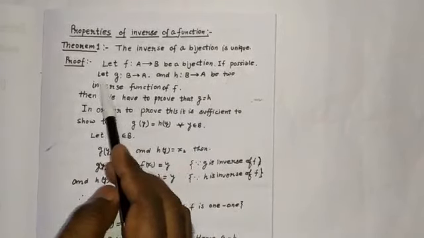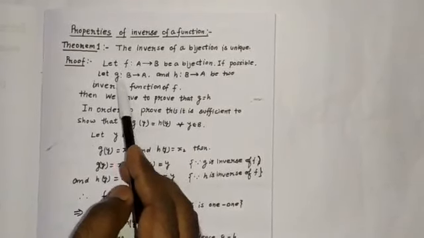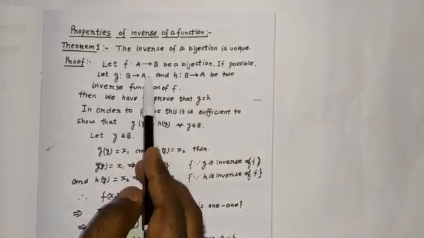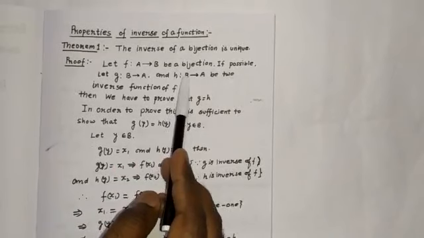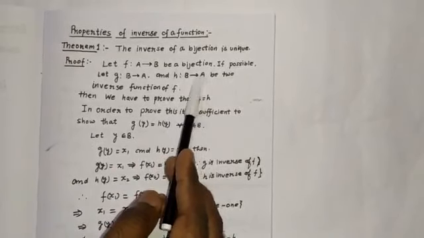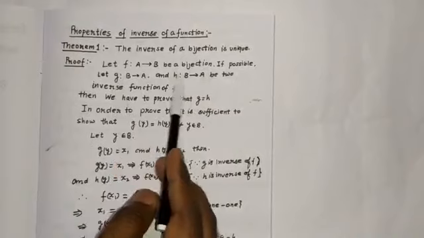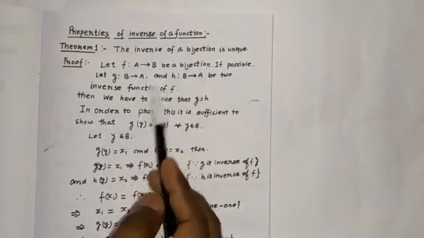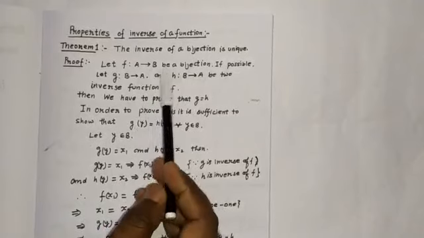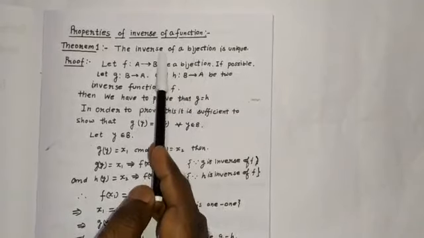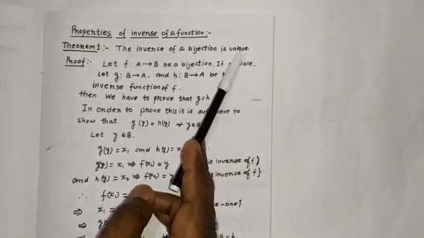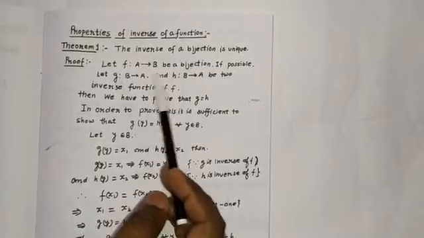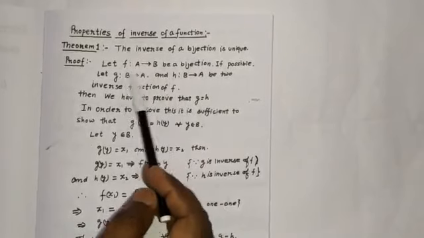If possible, let another function g map from B to A and h map from B to A. We have to consider two functions g and h which map from B to A, because we have to prove that the inverse of a bijective function is unique. Then we consider two functions g and h which are inverses of f.